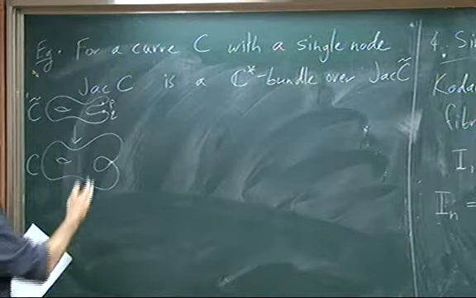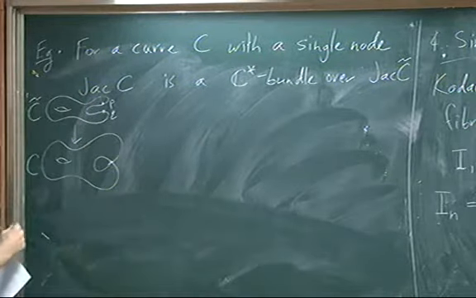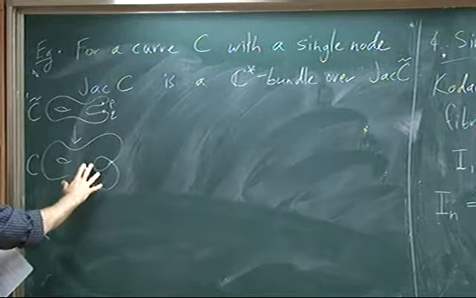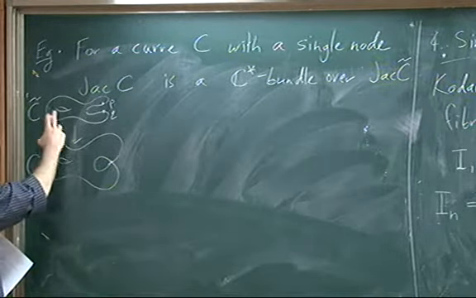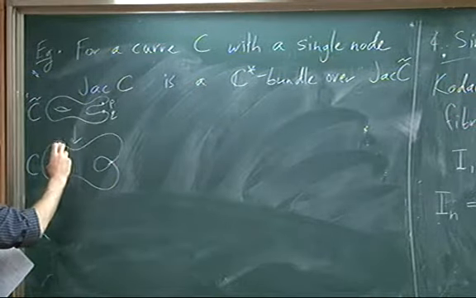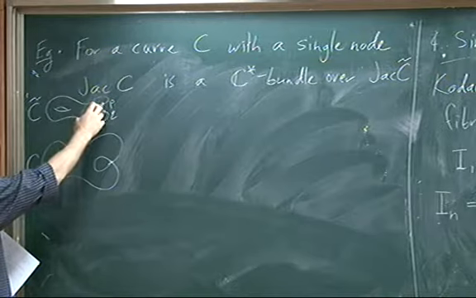And so why is the Jacobian of this a C star bundle? It's because a line bundle on here is going to be given by taking a line bundle on C tilde and then identifying the fibers at these points.